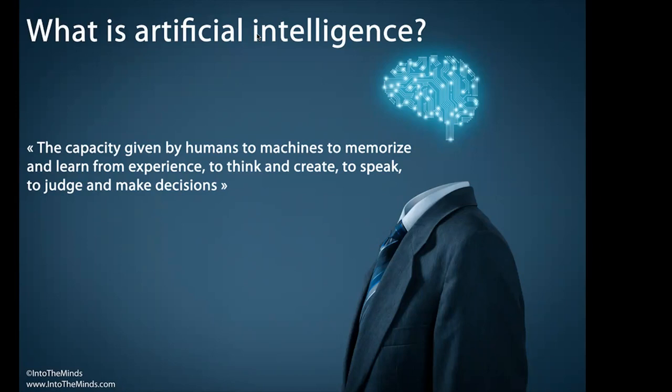So we want to give a machine the abilities we have, as a non-living being: the ability to memorize, to experience, to create, to think, to speak and judge, make decisions, and a whole lot. To the extent that these machines can even learn and be smarter than we, the creators.